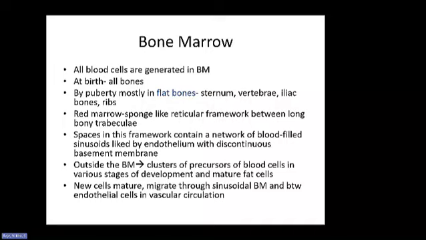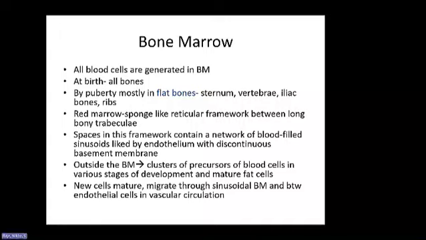There is a part of the bone marrow called red marrow, which is a sponge-like reticular framework between the long bony trabeculae. The spaces in this framework contain the network of blood-filled sinusoids. So there is some endothelium, but instead of a blood vessel where the endothelium is continuous, there is a discontinuous basement membrane.